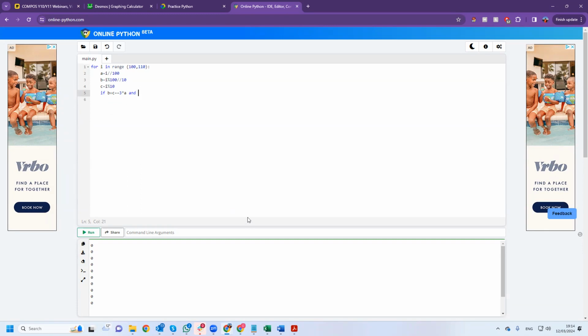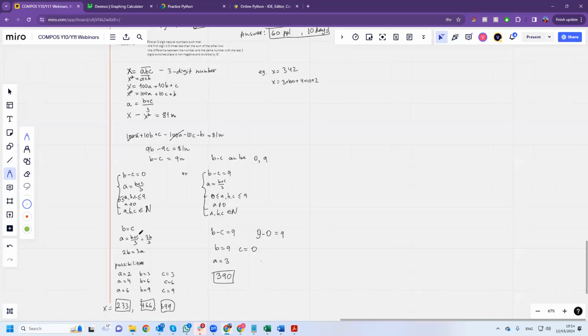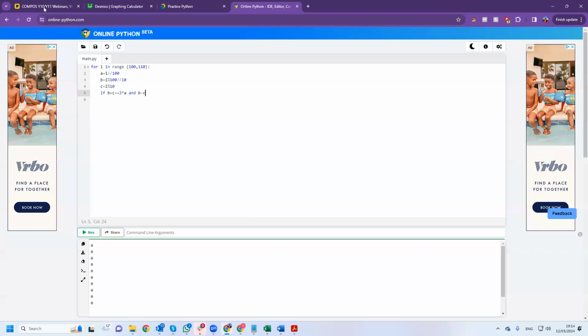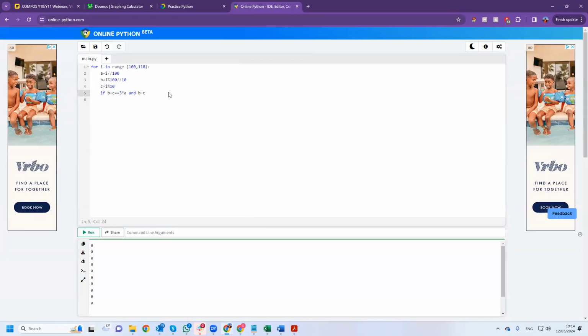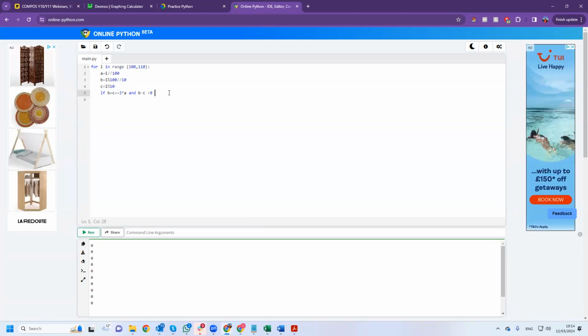And B minus C, wait, B minus C is greater than or equal to 0, and B minus C divided by 9 has remainder 0.